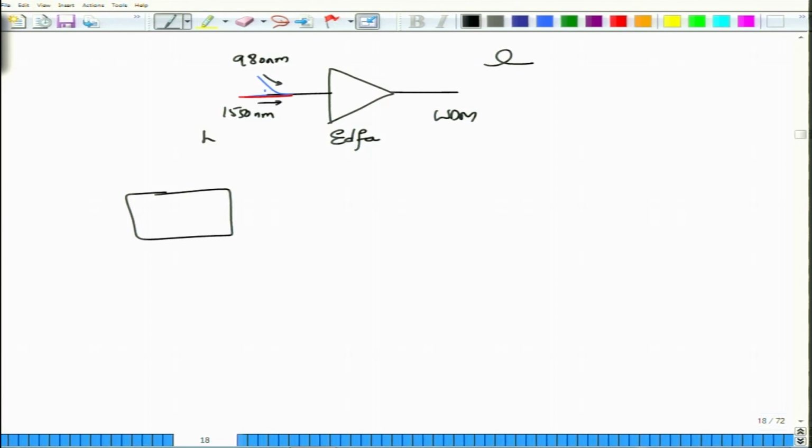Such a device is called a pump WDM coupler, because the pump is at 980 nanometer and 1550 is actually the WDM channels. So, you could simply call this a pump coupler, or we call it a pump WDM coupler.